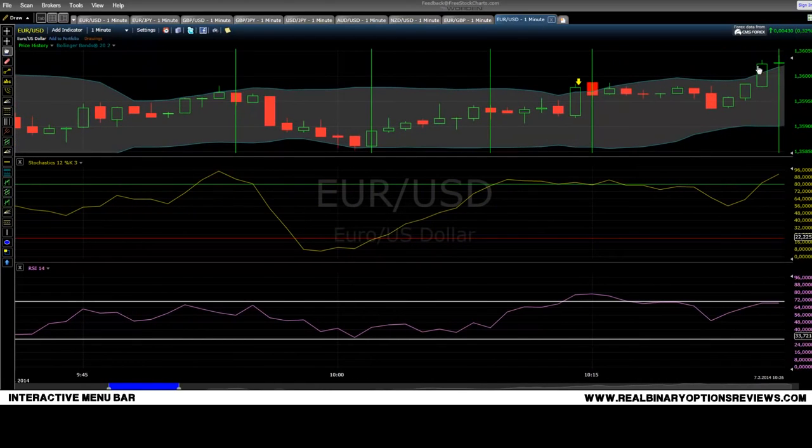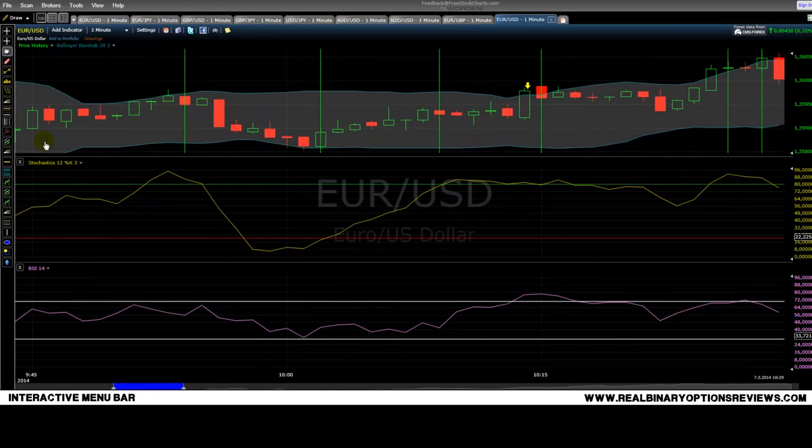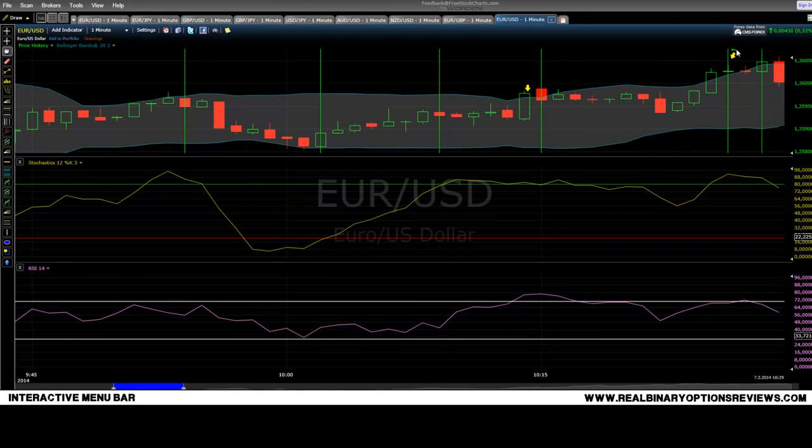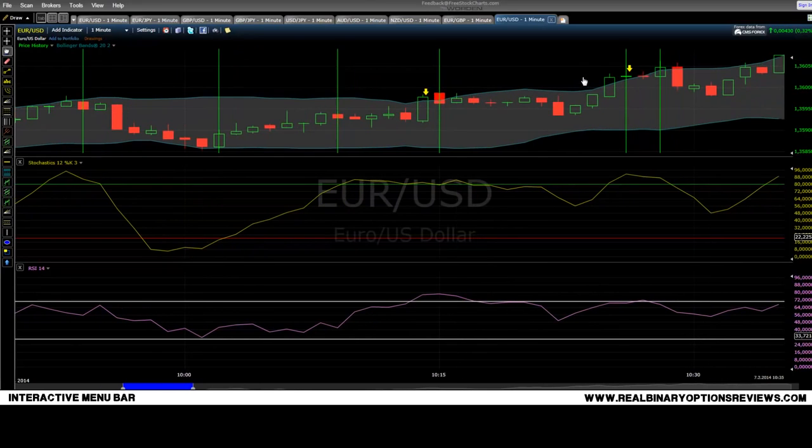Now I'm waiting for the next opportunity, which comes in here. On the opening of this candle, I'm trading down here with 5-minute expiry, and this is a winning trade. And I'm waiting for the green candle to close above the Bollinger Bands.